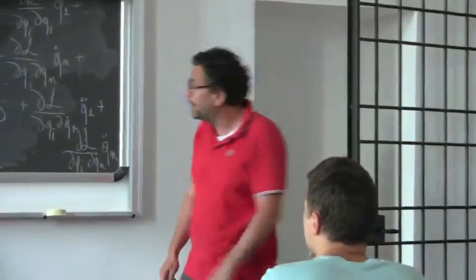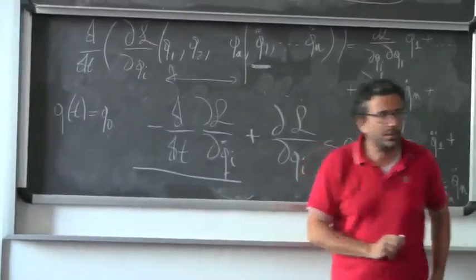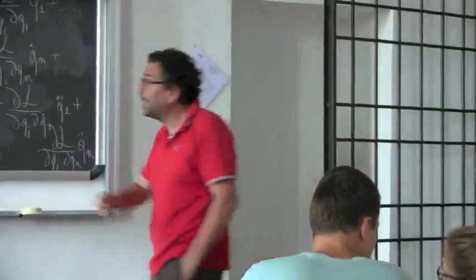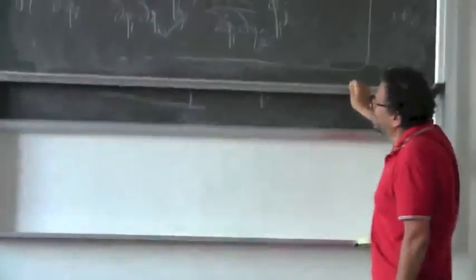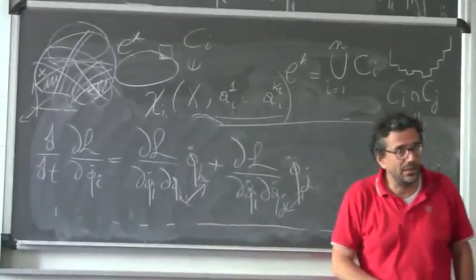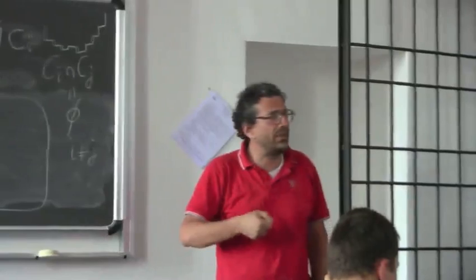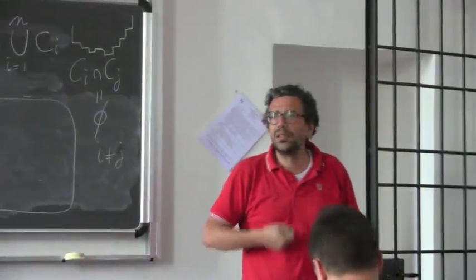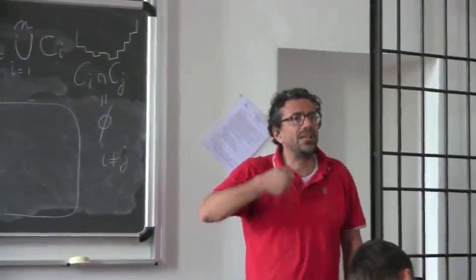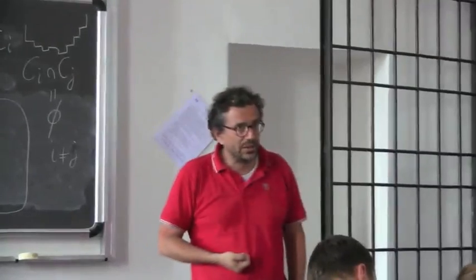Now we have calculated this derivative. This derivative is written here. Which is the first derivative of a constant? 0. Which is the second derivative of a constant? 0.